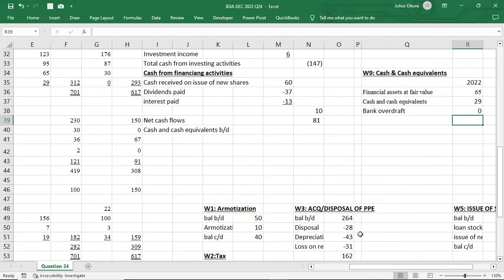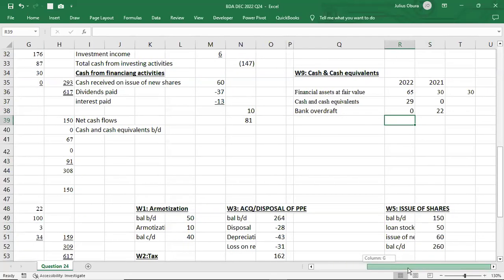So this 22 should be a negative. So we get the summation of this. If we have a negative of 0 and we have a 0, is there any difference?